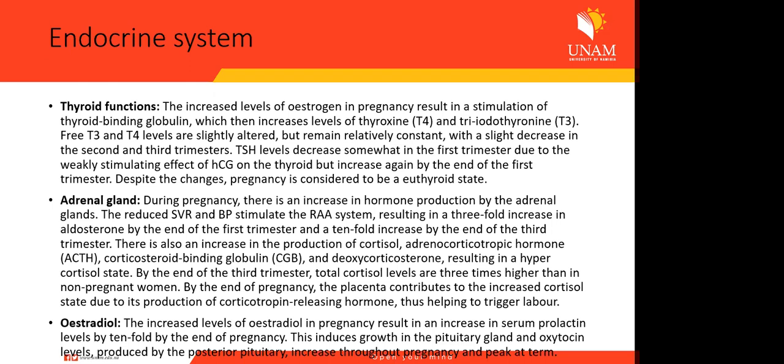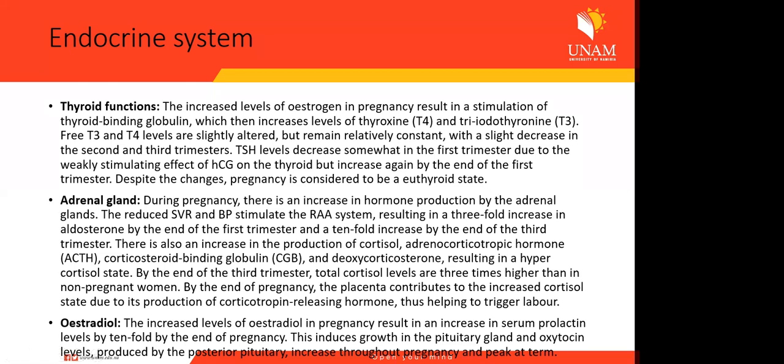Although their free levels are slightly altered, they remain relatively constant. The thyroid-stimulating hormone levels decrease somewhat in the first trimester, but they increase again at the end of the first trimester. But note that despite these changes, pregnancy is considered a euthyroid state.